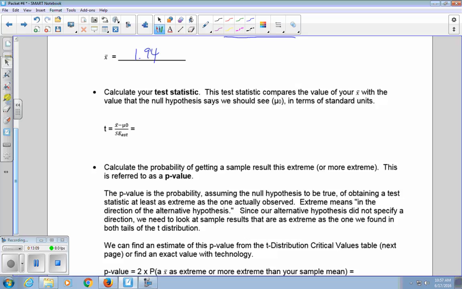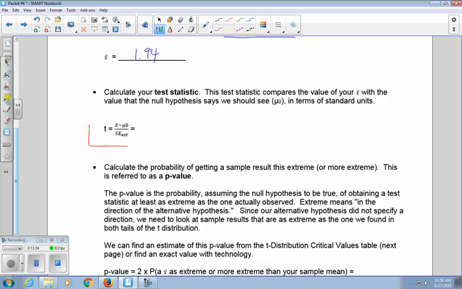We are going to be using the t-test. And remember, that's different from the z-test statistic, because instead of using the standard normal, we're using the t-distribution, which has slightly thicker tails. Other than that, they're very similar. So our t-test statistic is given to us right here, and we are going to calculate that.